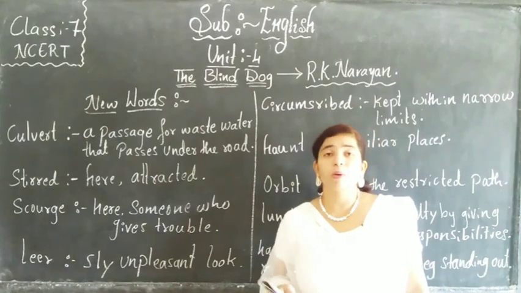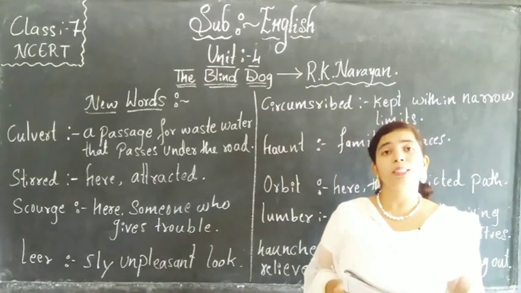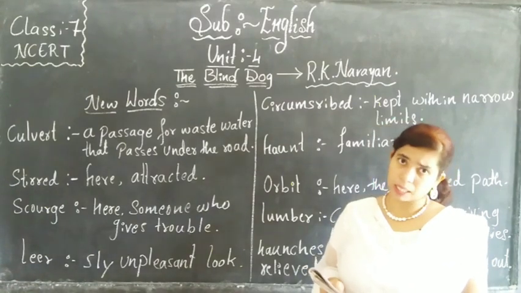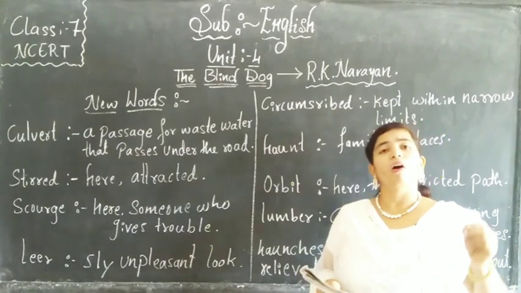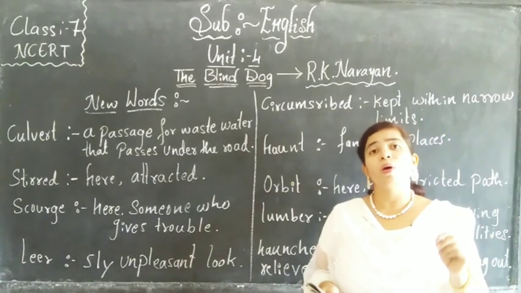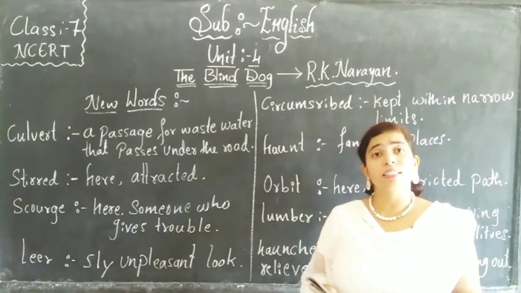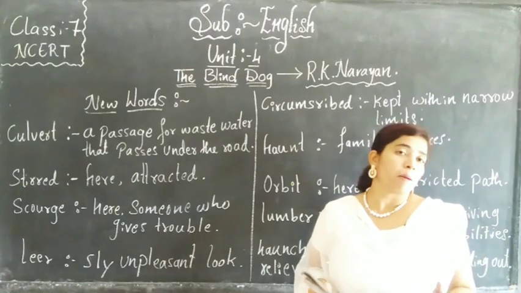Have you ever heard about SPCA? SPCA is a society which prevents cruelty to animals. If a human being is treating an animal very badly or very cruelly, this society will take action against that particular person.